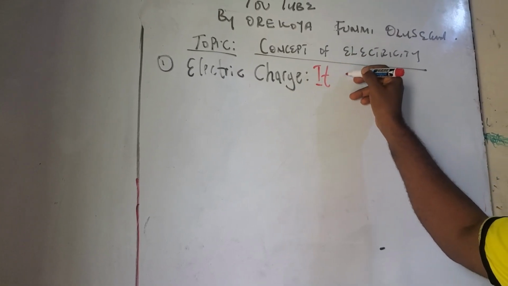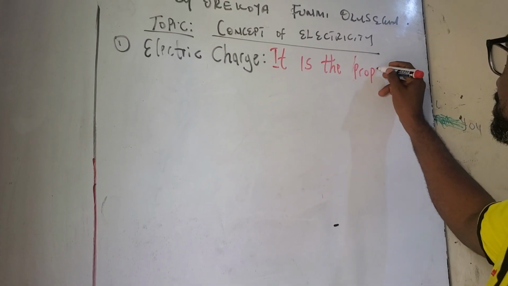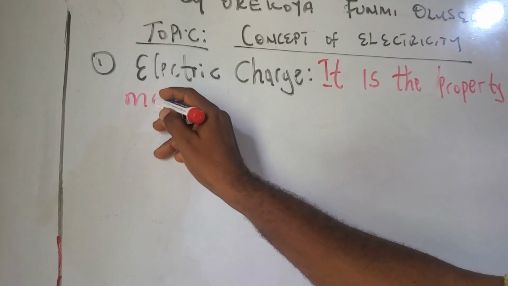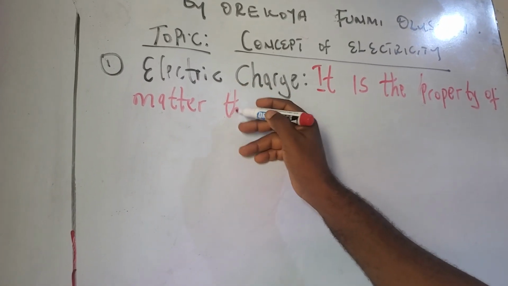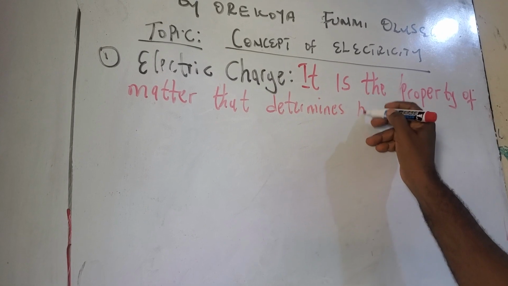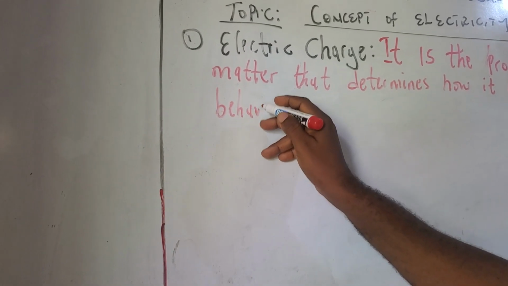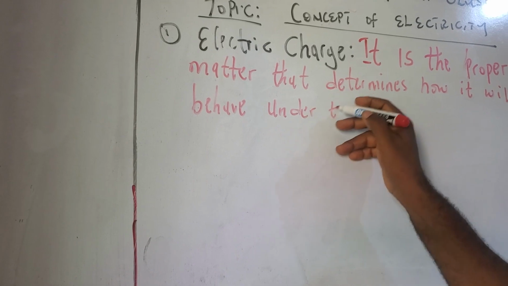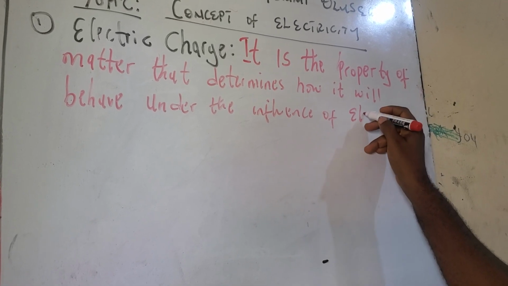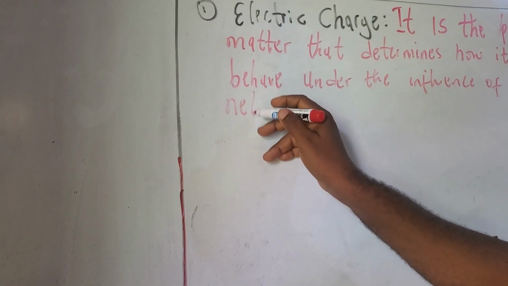It is the property of matter that determines how it will behave under the influence of electromagnetic field.